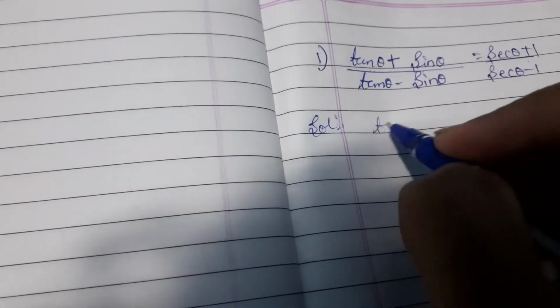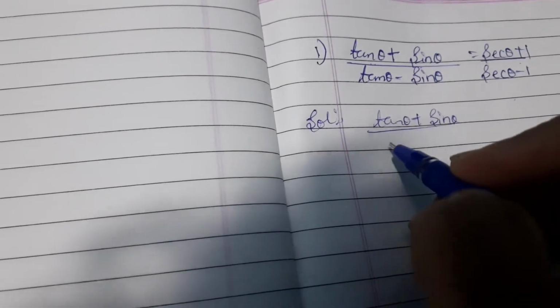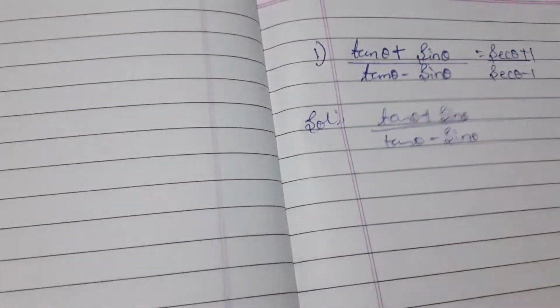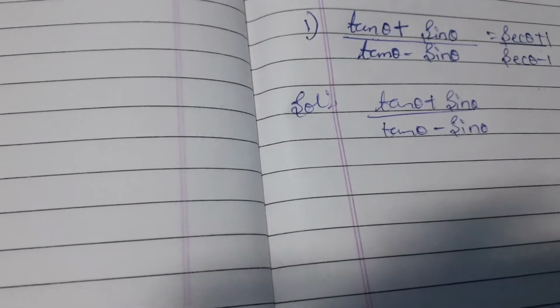Write it as it is: sine theta by tan theta minus sine theta. Okay, we have written both. Now we should not do from the tan; we have the opposite here, sine.